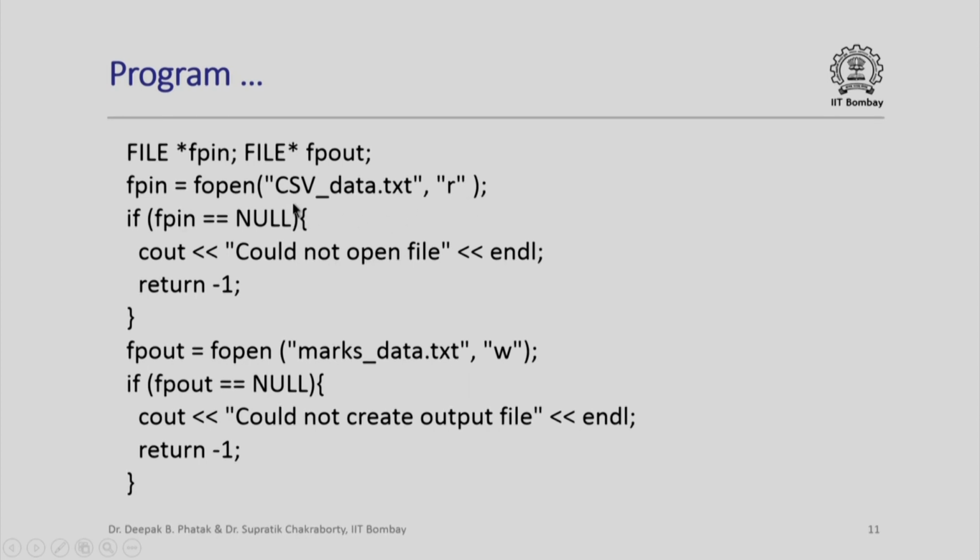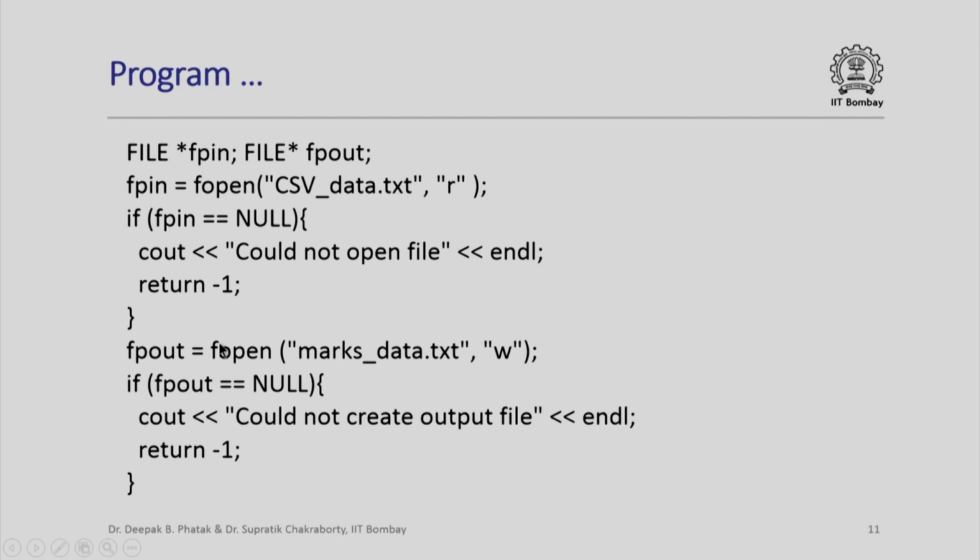This associates an external file csv_data.txt, which should exist in the same directory in which our program is executing. The second parameter says it is used in the read mode, that means it is opened for input operation. Of course, it is possible that the file does not exist, in which case fpin will be null. So, if fpin is null, then we just print an error message and return with minus 1.